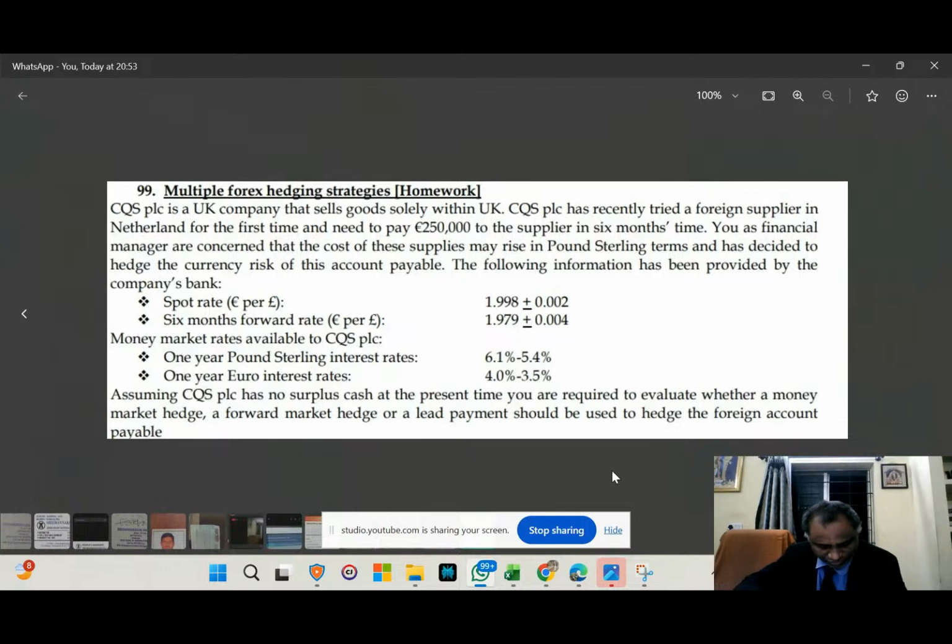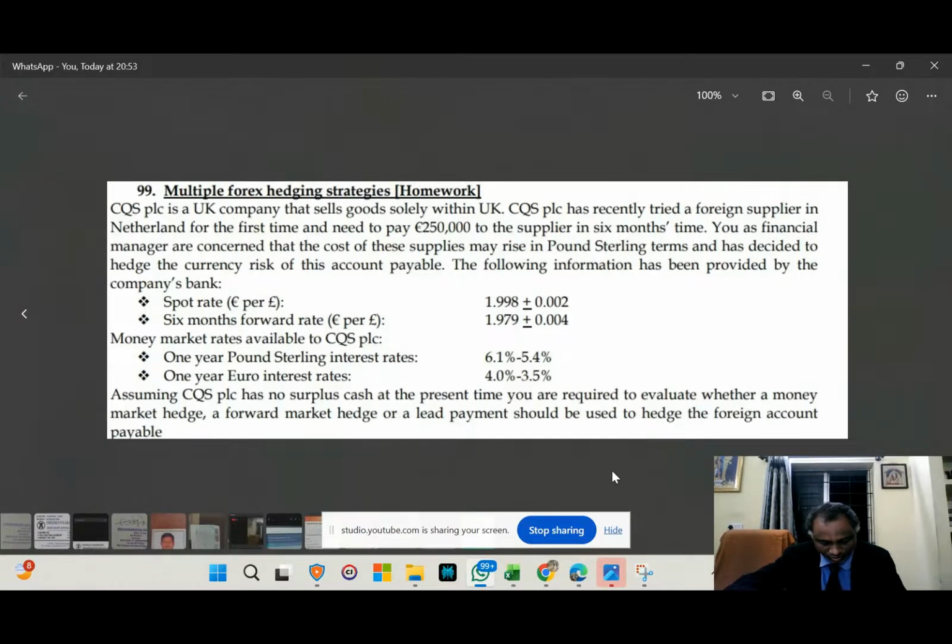This is the forward rate quote, a bid and ask spread, buy and sell. 1.979 plus or minus 0.004, the spread around the mid rate.